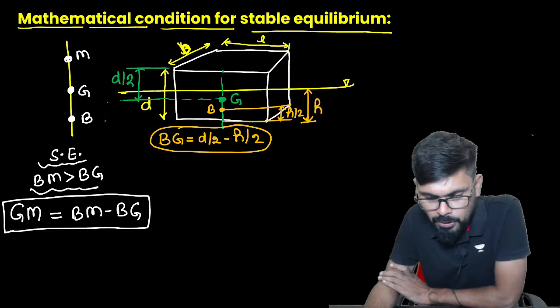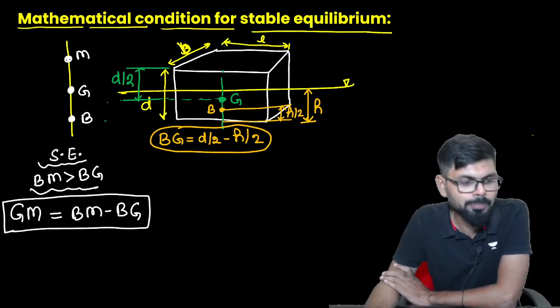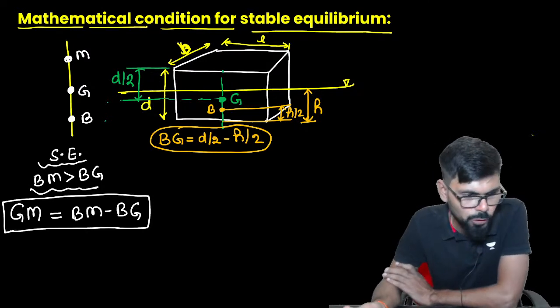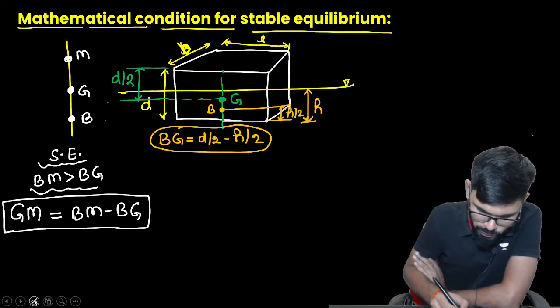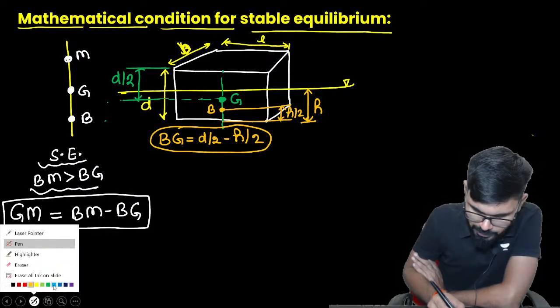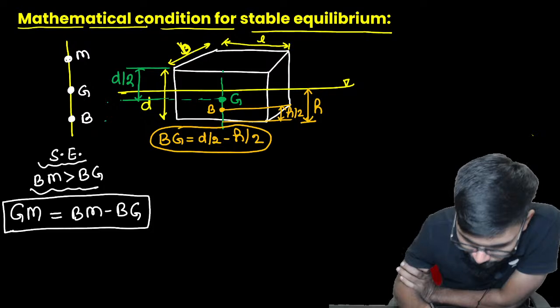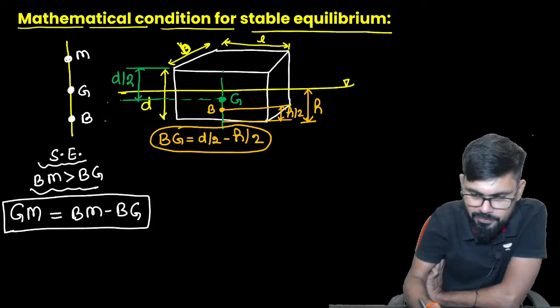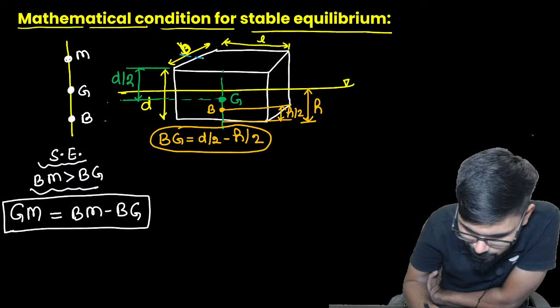Now we have to calculate BM value, right? Before calculating BM value, a few more things I would like to tell you here. The very first thing I am telling you is that whatever cross section or top portion is there from here, this can be called the longitudinal axis.